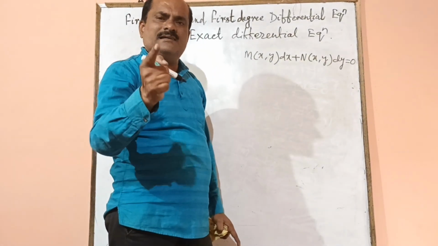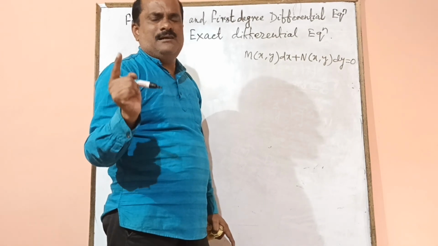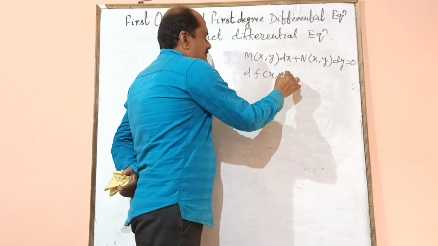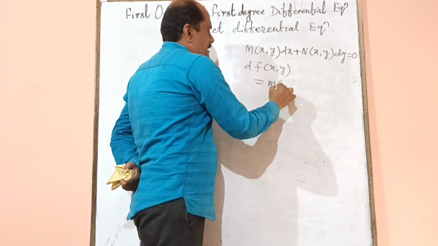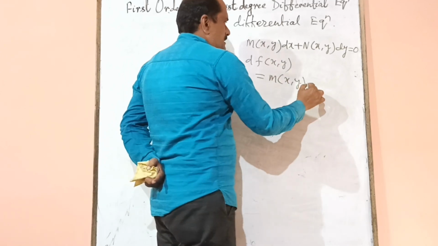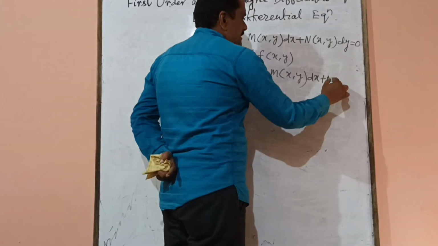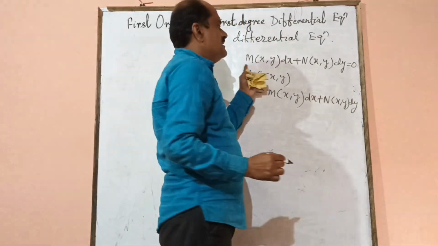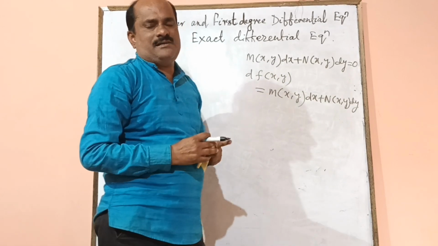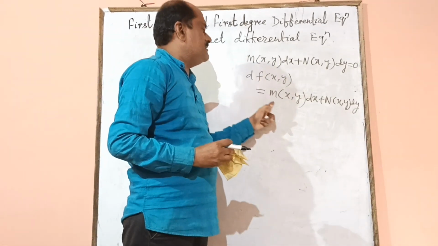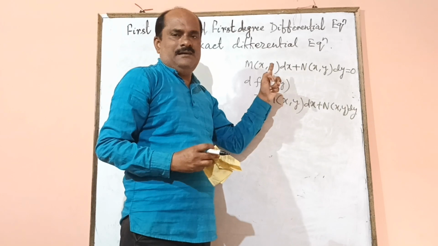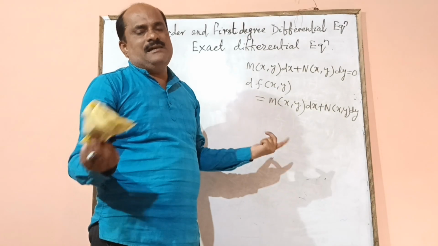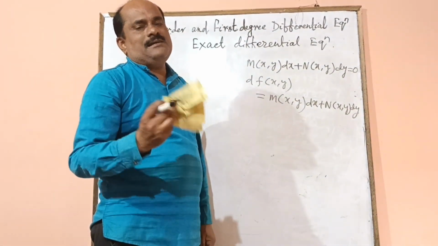If there exists a function f(x,y) such that derivative of f(x,y) is equal to M(x,y) dx plus N(x,y) dy, then this is an exact differential equation.